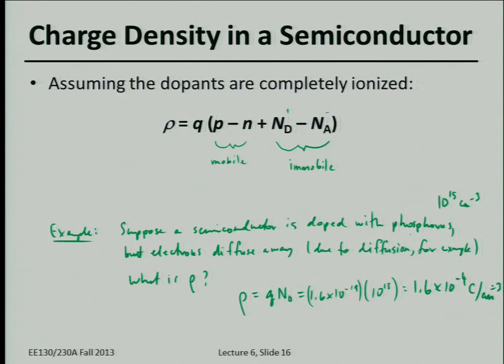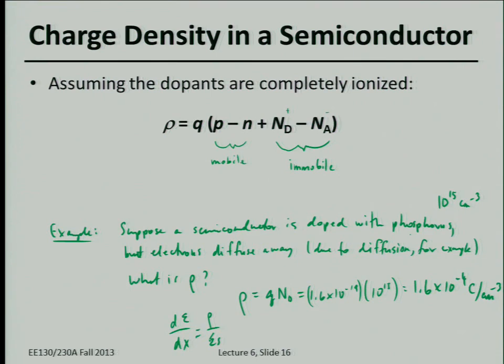So the electric field in this semiconductor is changing as a function of distance. Anyway, we'll go over an example of that starting next time when you look at your very first semiconductor device.